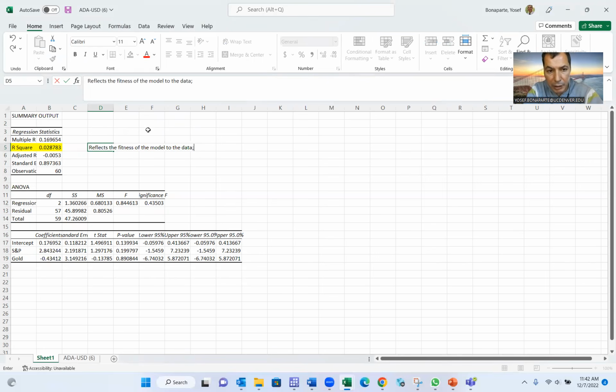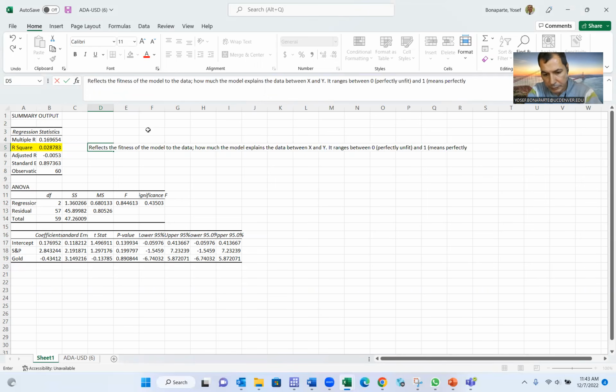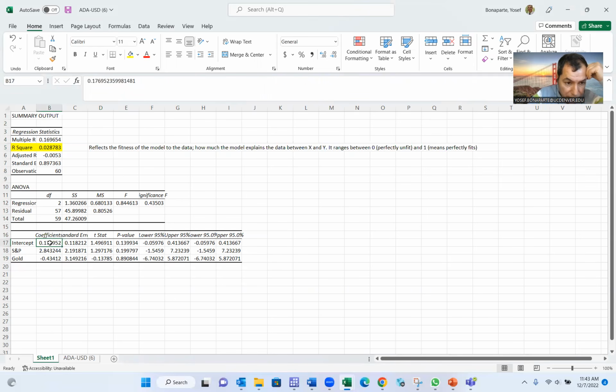It shows how much the model explains the data between X and Y. It ranges between 0, which is perfectly unfit, and 1, which means perfectly fit. So never 0, never 1, but in between 0 and 1. If it's 1, that means perfectly fit. The intercept here is positive.